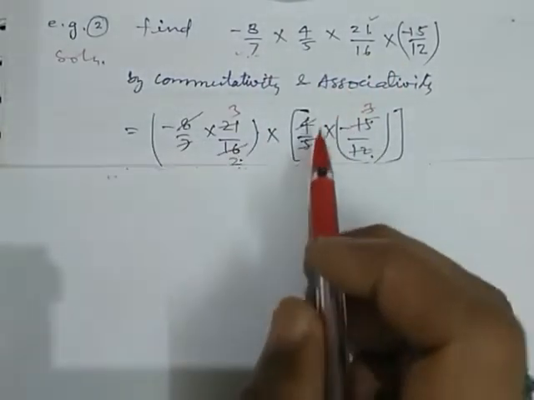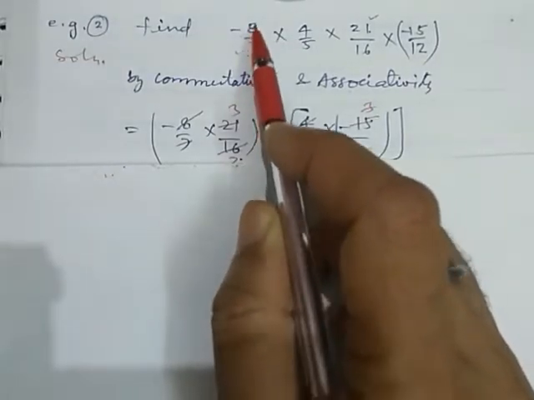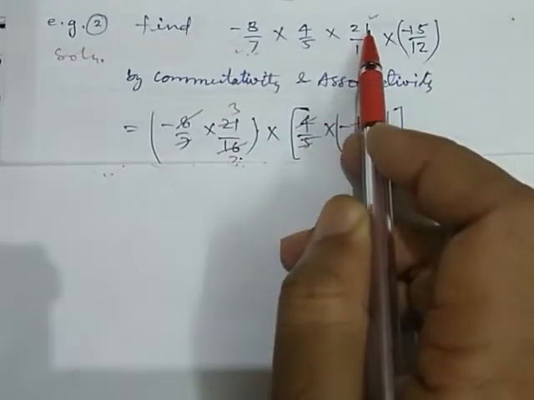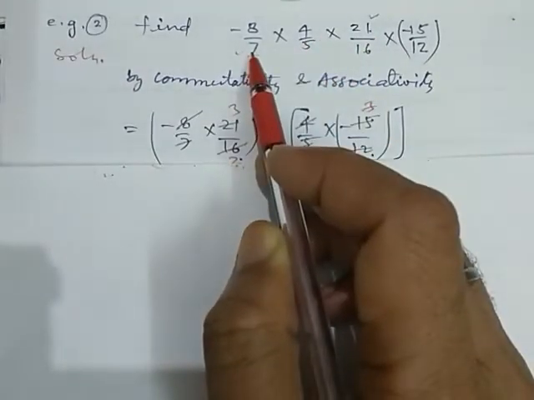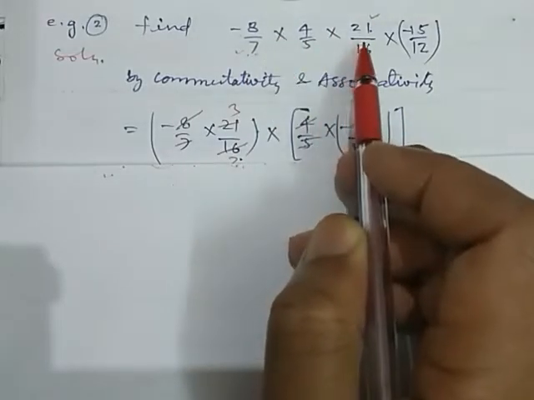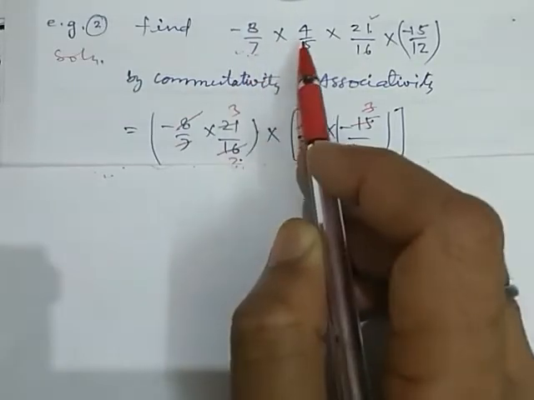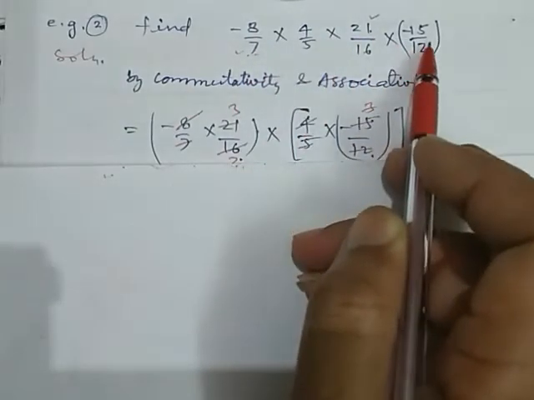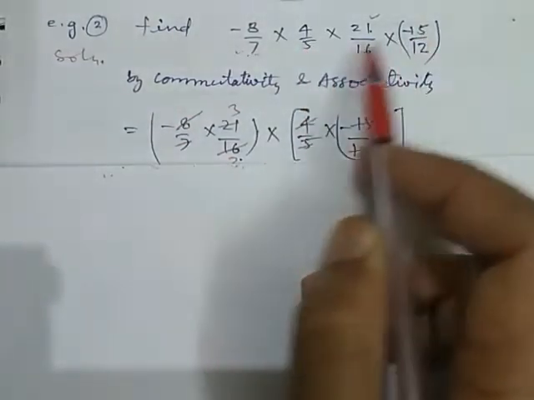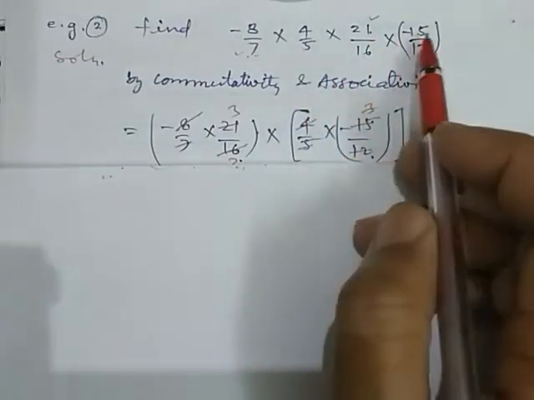Here we see 8 by 7 and 21 by 16. Here 21 is divisible by 7. So we shift this fraction from here to near the 8 by 7, and 4 by 5 near to minus 15 by 12, because 5 and 15 cancel out by each other 3 times.